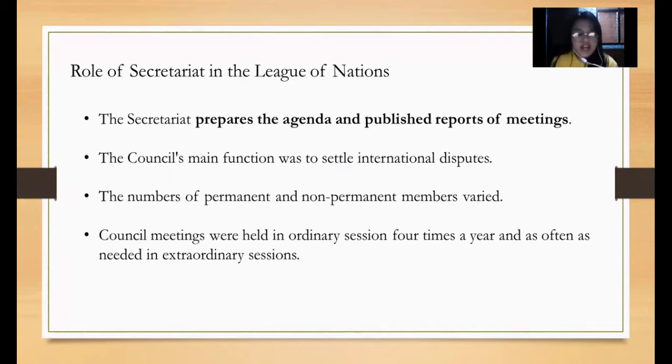So secretariats are organized along departmental lines, with each department or office having a distinct area of action and responsibility. So iyon pong first four organs na na-discuss kanina is meron po silang iba't ibang responsibilities or work sa United Nations. And also when we say secretariat, it is different from a secretary, because a secretary is someone who is entrusted with a secret, while a secretariat is the office of a government secretary.